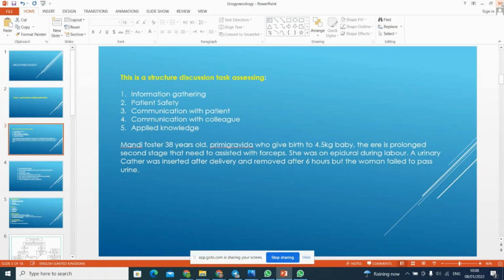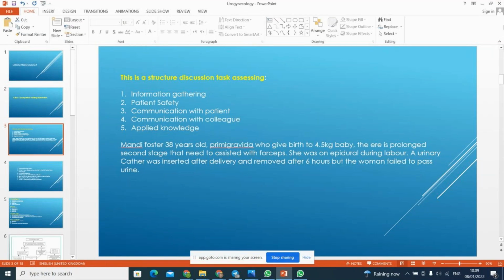I want to know her BMI and also her blood group. Then I would access her pregnancy notes and delivery notes and check whether there was any trauma during the delivery, whether she had any perineal tear or vulval hematoma which was managed, and what the estimated blood loss during delivery was.